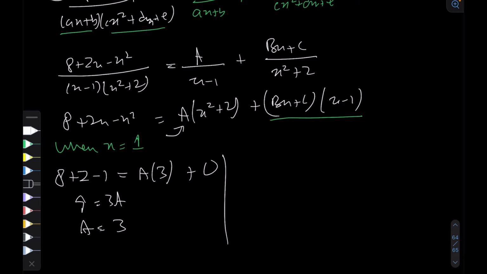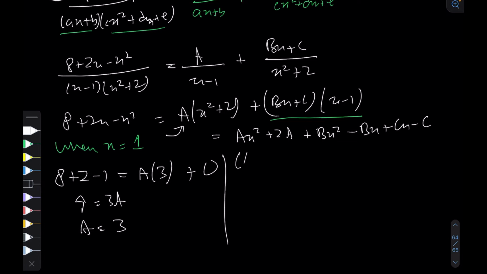Now what I'm thinking of doing is expanding and then comparing coefficients. I can notice here that 2a minus c will give us 8, but let me expand it out so that you can see it clearly. So this should equal ax squared plus 2a plus bx squared minus bx plus cx minus c.